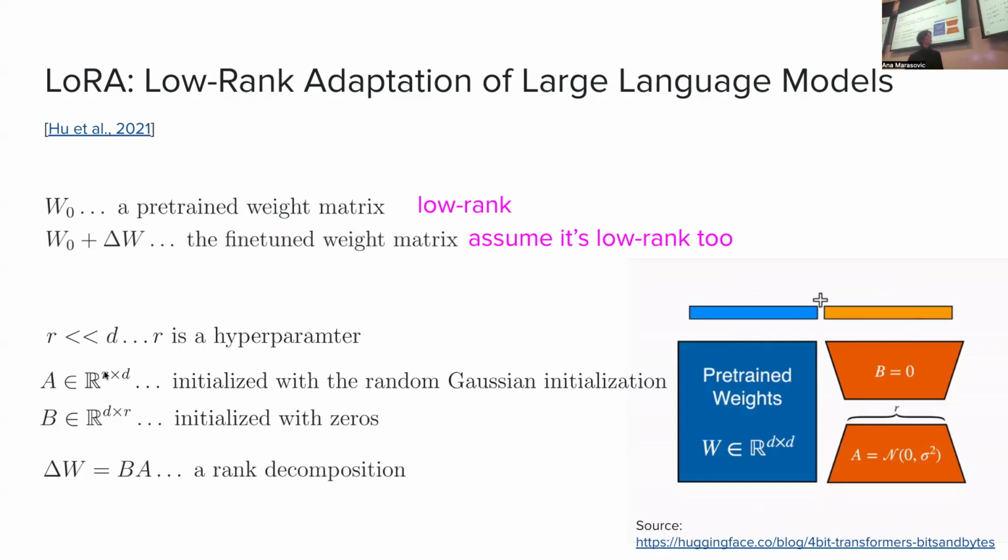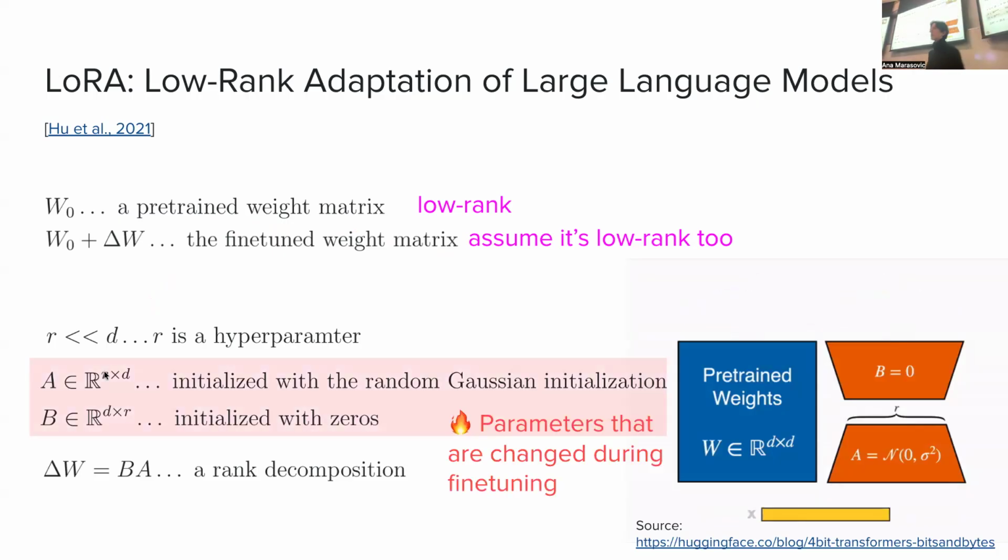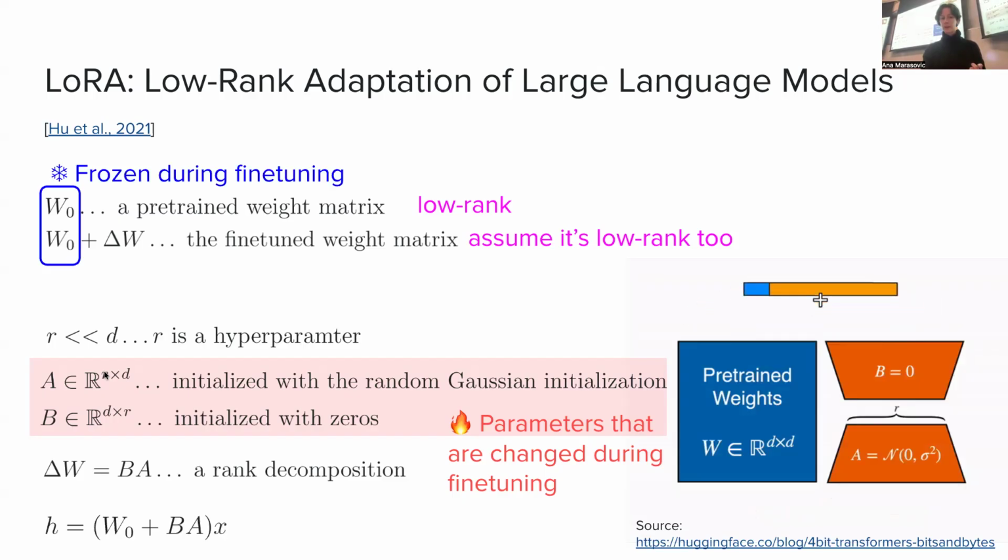And we are going to try to decompose the difference as a rank decomposition of these two matrices. The parameters we are going to change are the parameters of A and B, which collectively are fewer than we had in the original weight matrix. So because we need to change fewer parameters, everything is going to be faster. We also need to store fewer things.